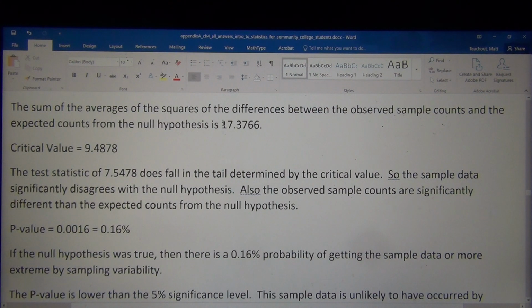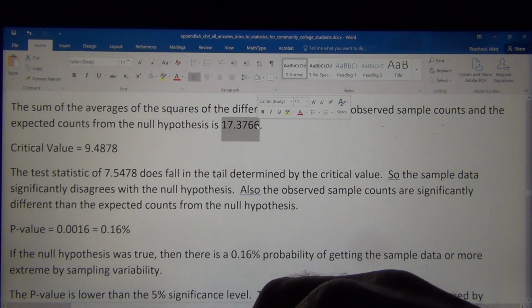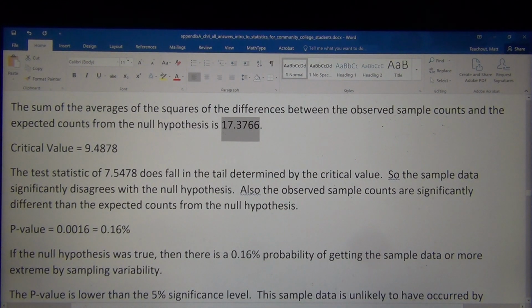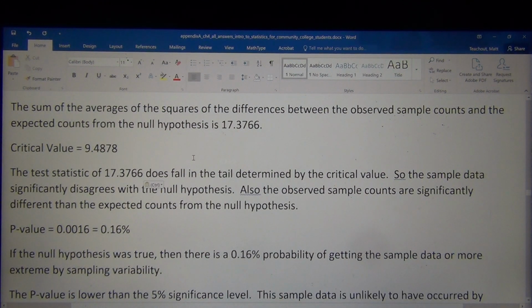Our test statistic of 17 does fall in the tail determined by the critical value, so the sample data significantly disagrees with the null hypothesis. That also tells me that the observed counts, the sample data, significantly disagree with the expected counts.